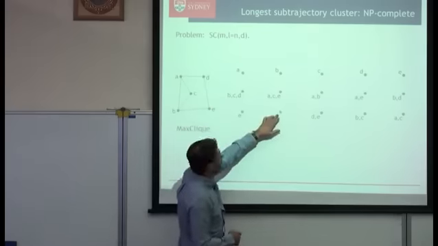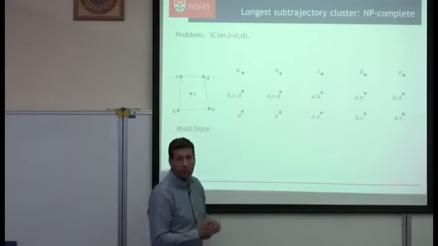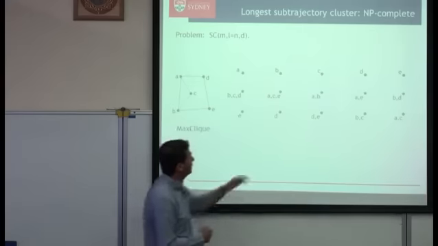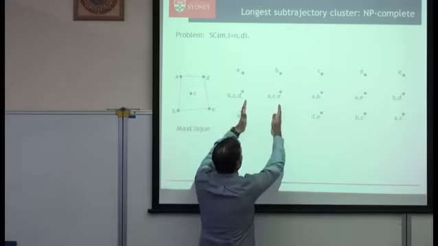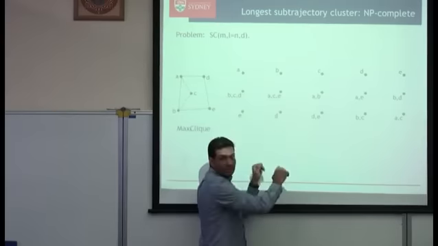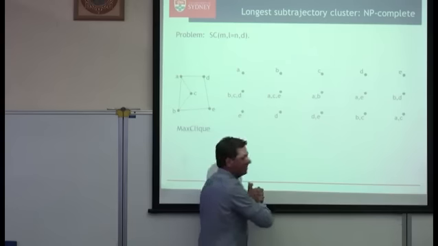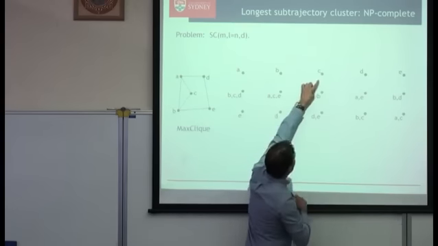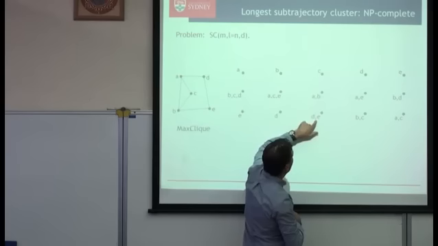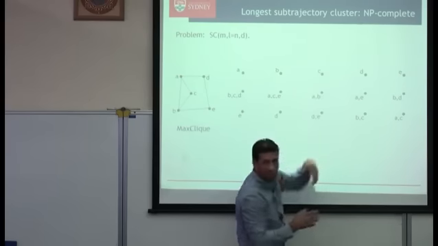D is not connected to B, so I put that at distance 2D. And then I just continue like this. Let's assume that this distance is fairly big, it's just that I can't fit it on the screen. Here again, C is connected to A and B, so I have a distance D, and D and E are not connected to C, so I have a distance 2D.